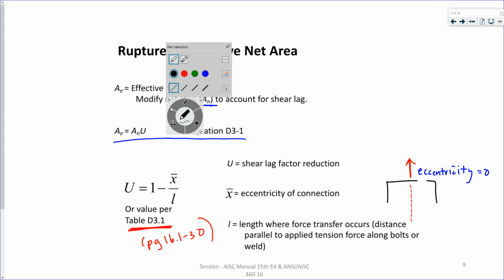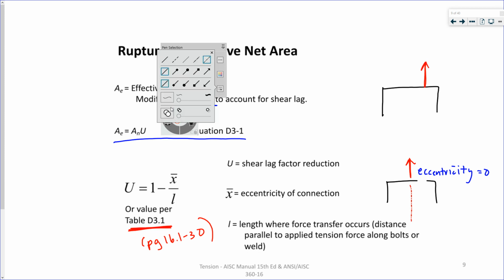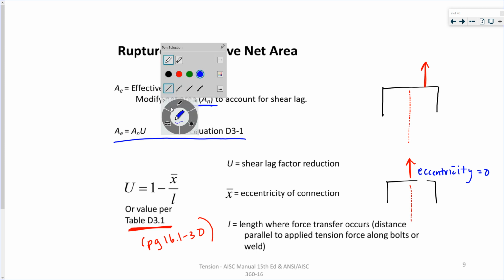But if you were applying a load off center, then this would be your eccentricity. This is just defining eccentricity.